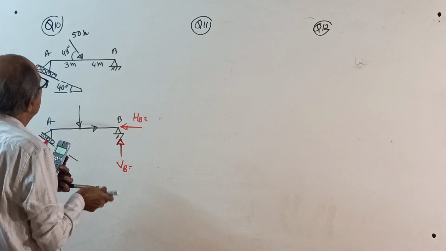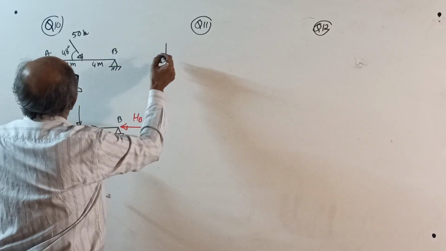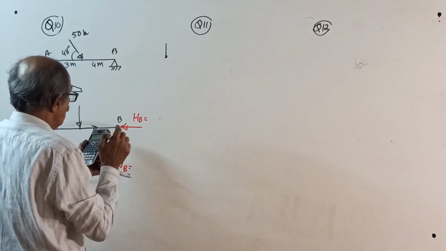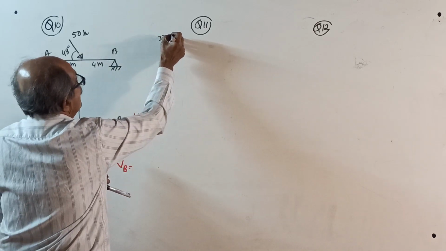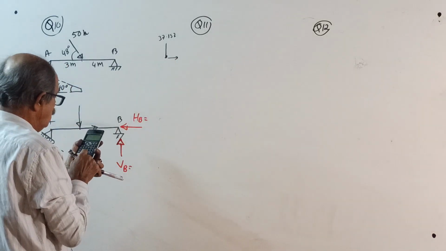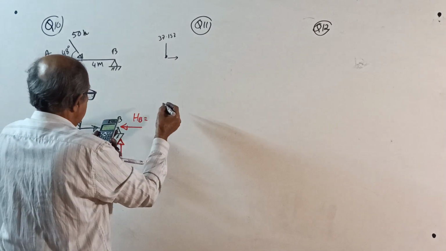Now, I will resolve the forces. Vertical component will be, for my reference, 50 into sine 48. You should not write it. 37.157. Horizontal component is 50 into cos 48, 33.457.